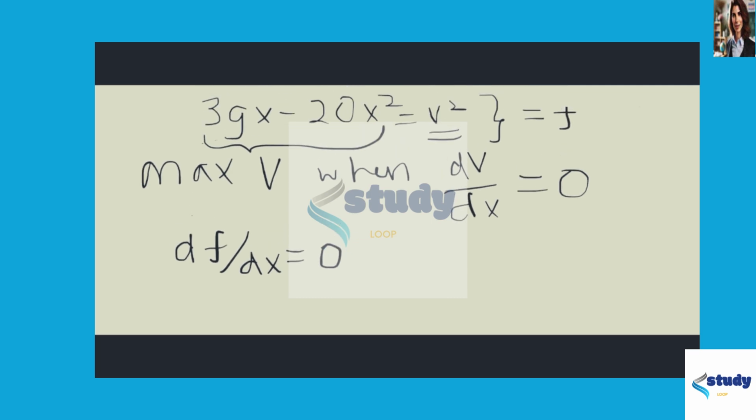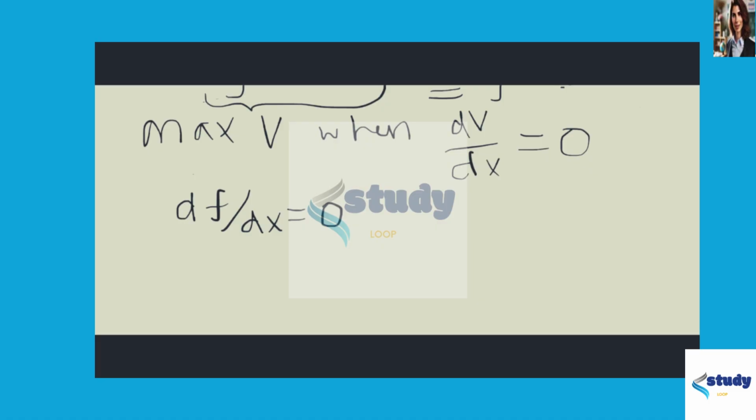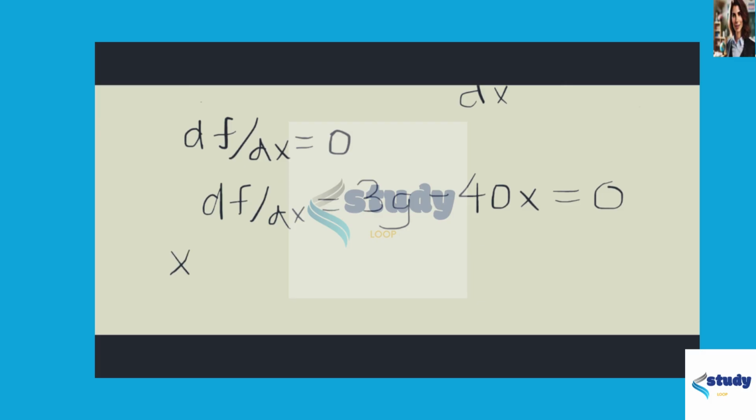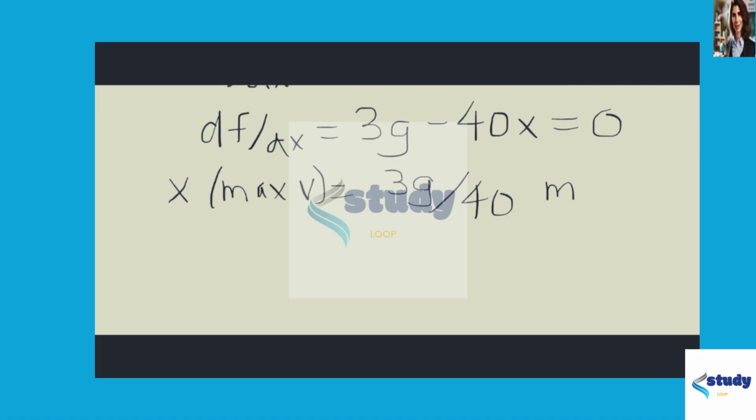Right, so taking the derivative, what we get is df/dx = 3g - 40x. And by setting this equal to 0, we know that the x at which we have the maximum v is 3g/40 meters. And, as I said before, maximizing the expression on the left is going to maximize our v², which is going to maximize our v.